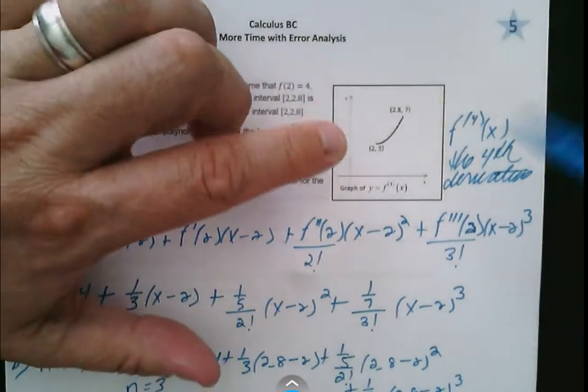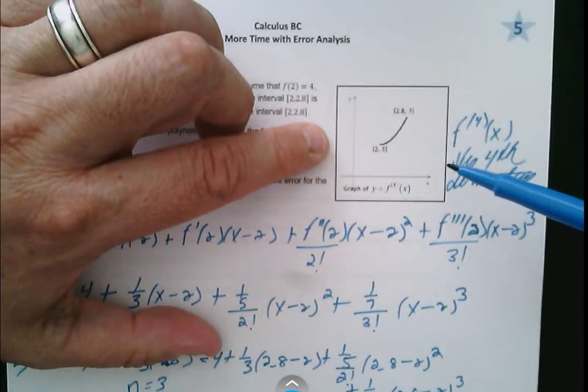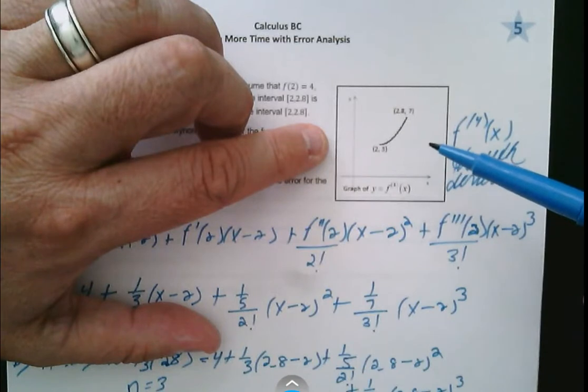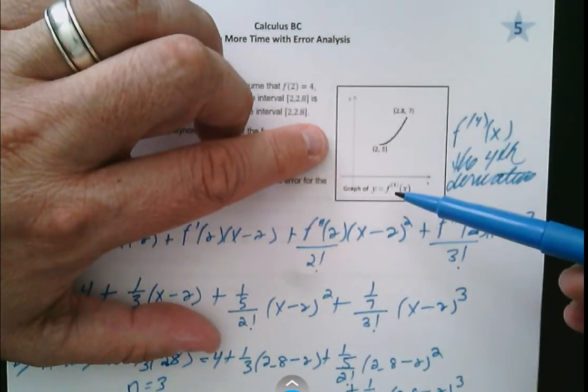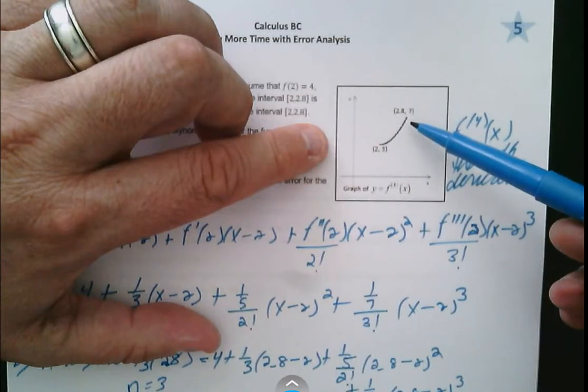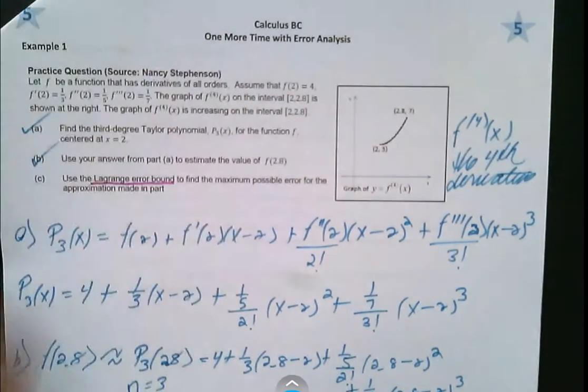Hey, they gave you that graph for a reason. When I look at this graph, what is the maximum value of the fourth derivative from 2 to 2.8? We have an increasing function. The maximum value occurs at that right endpoint. The maximum value is 7.